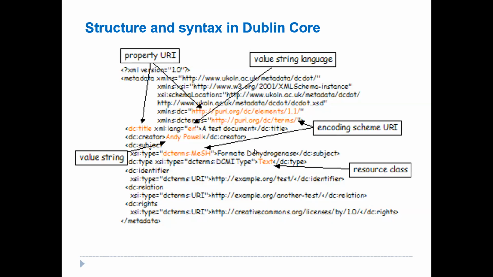As one of the final things I'm going to show you, this is a structure and syntax in Dublin Core. And this one gets to some of the things we've already talked about, where at the top there's the XML version, so it tells the system that it's XML. If we were to look at this entire record, we see the XML at the top.